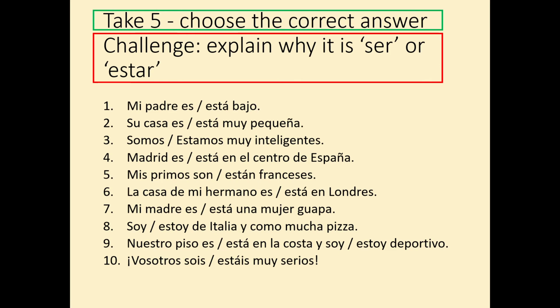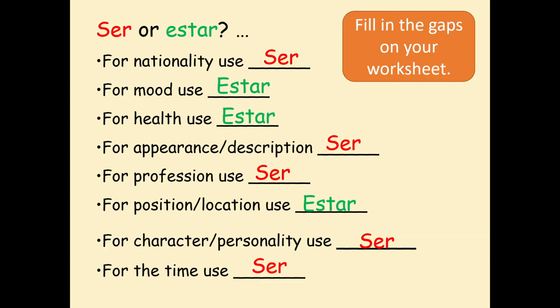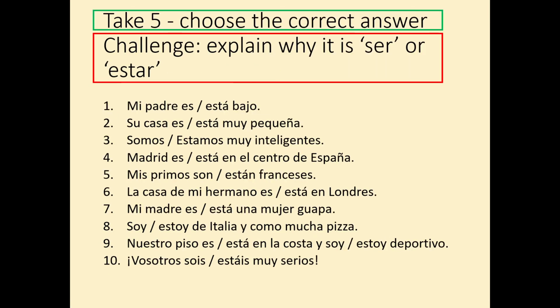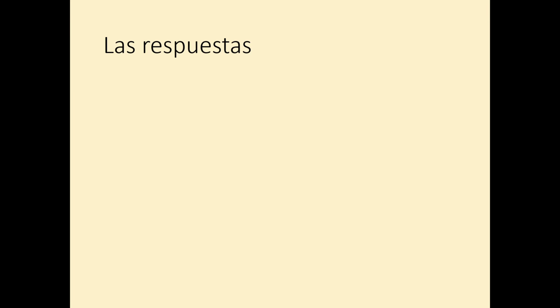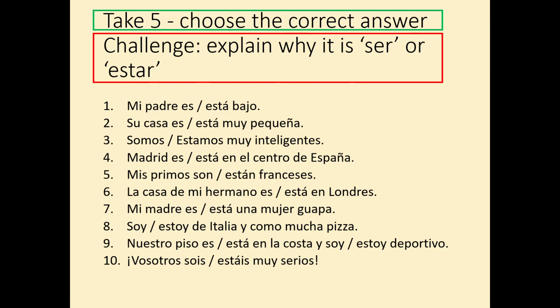Looking back at the points from here, we're describing their appearance. So it's going to be ser. So we are going to need to say es. Mi padre es bajo. See if you can do the rest for me and we'll come to the answers. And make sure you're explaining why it is ser or estar if you want that extra challenge.